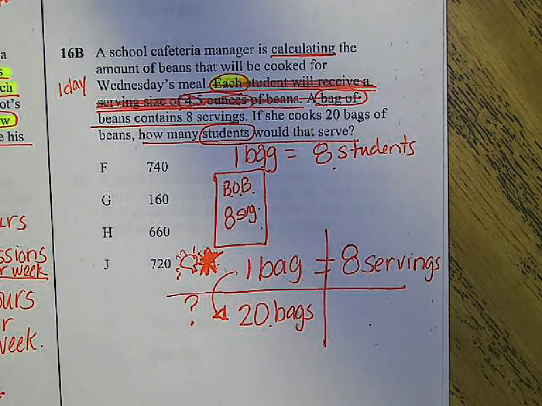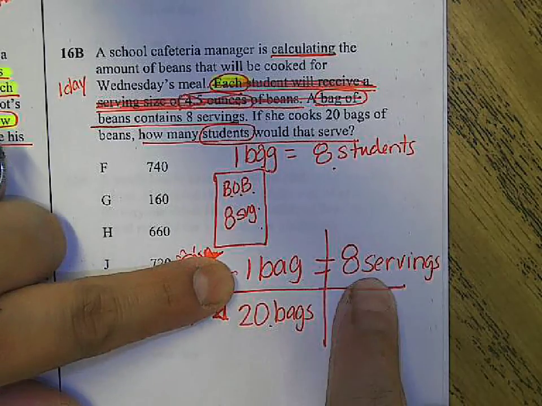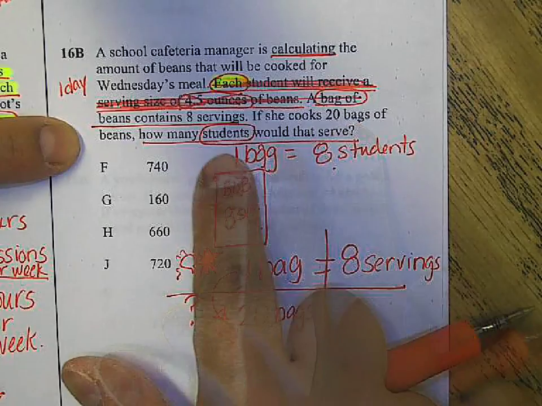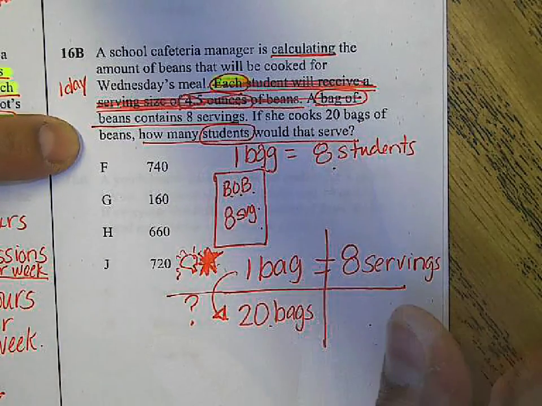Can you read and determine whether you have information that's extra? And if you can, then you're thinking. But again, if you were to read through the whole question quickly, how many of you might have not caught that? Probably so, right? But because we chunked it up, we know we're working with a bag of 8 servings. The question is asking me about the bags and the servings.